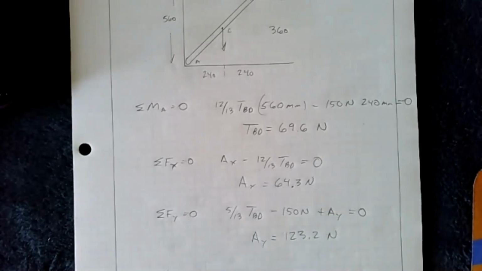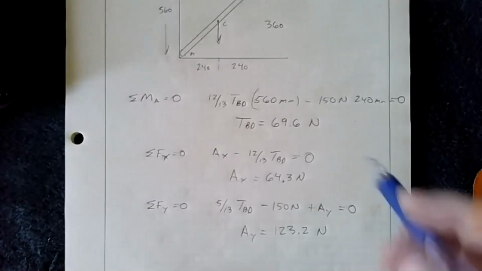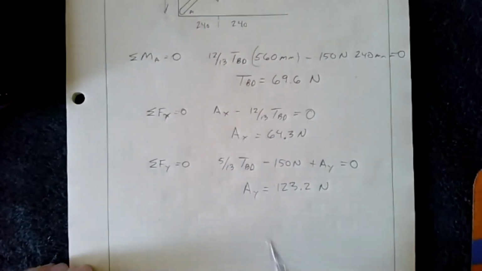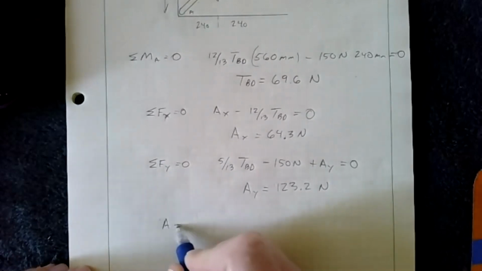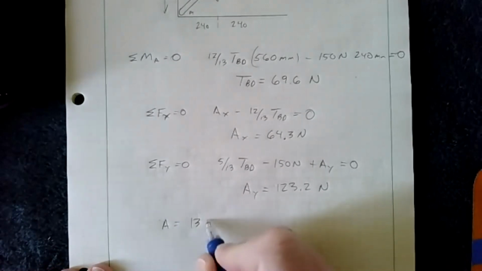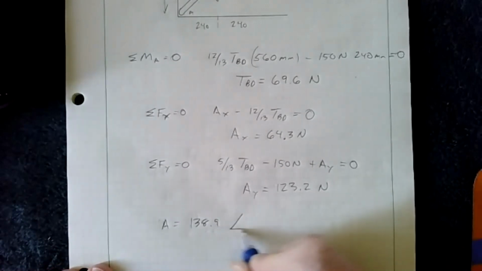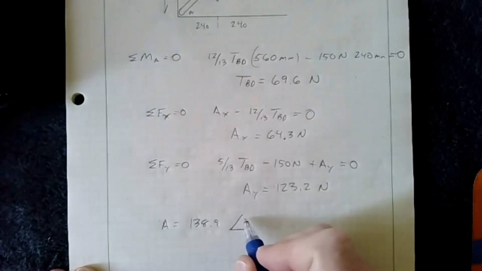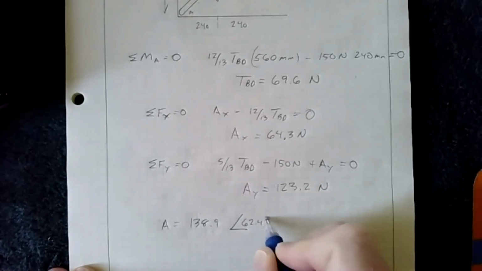So the only difference in this problem is that we come up with A in X and Y components, whereas previously we had A equal to 138.9, and we had it at an angle of 62.4, I believe. The angle, yeah, 62.4.